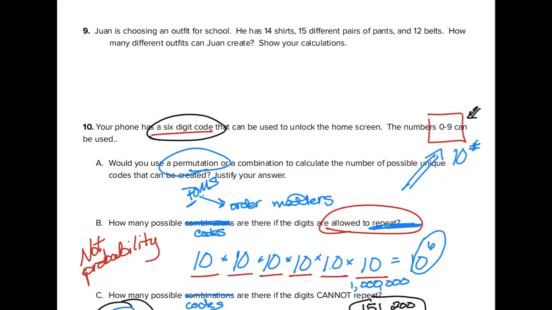When you have so many different options, to figure out the total number of outfits, you simply take the total of each type and multiply together. So 14 times 15 times 12 is 2,520. Yes, nice job.